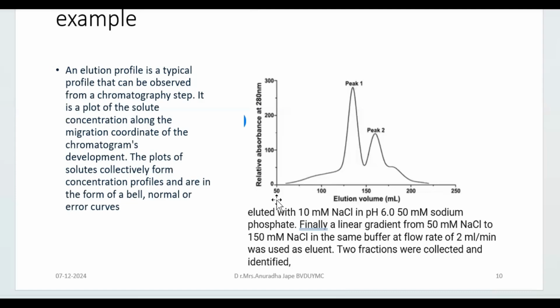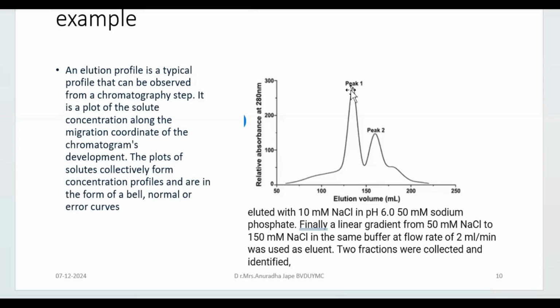So in the first 50 to 100 ml nothing has come, right? But after 100 ml volume, you start seeing the appearance of the analyte and the peak grows and it drops. So you are getting a very good separation because the peak is very precise, right? And then at 150, again there is a drop and another peak appears, which is for another analyte, absorbing at around, just match with the y-axis, about 130, 140 nanometers.